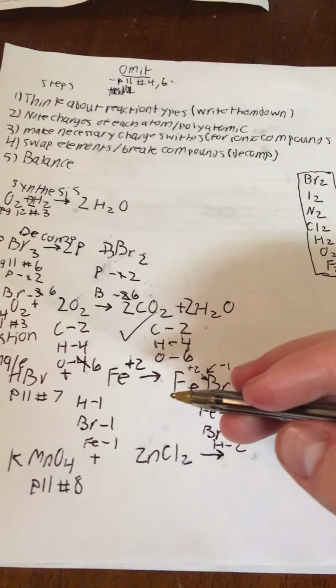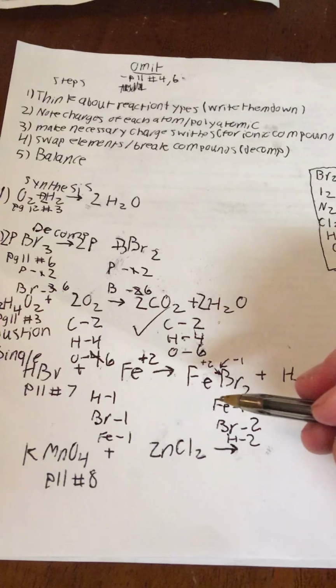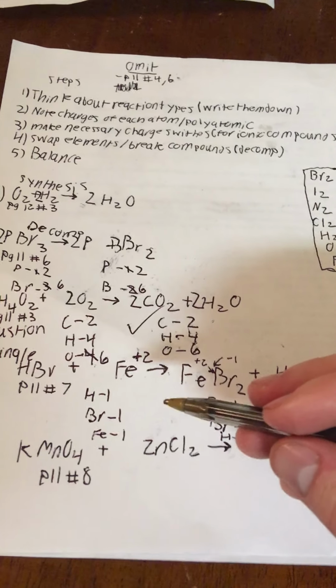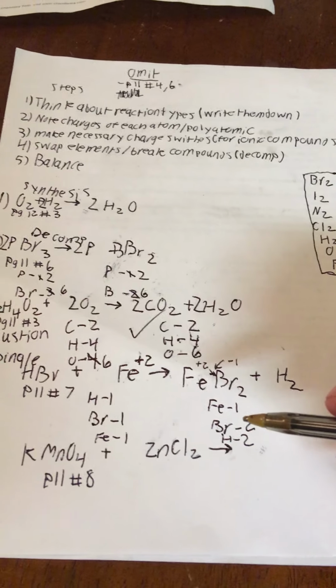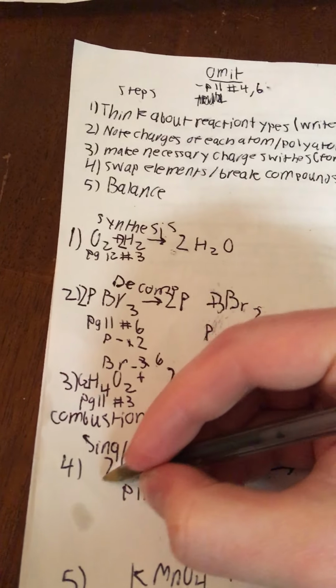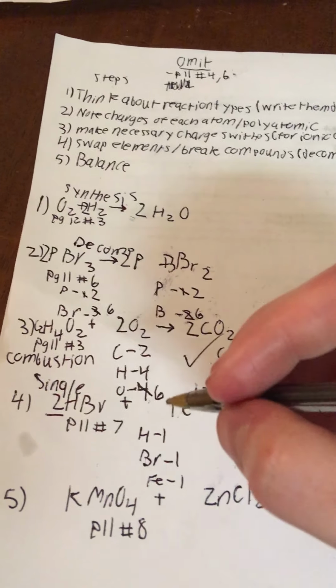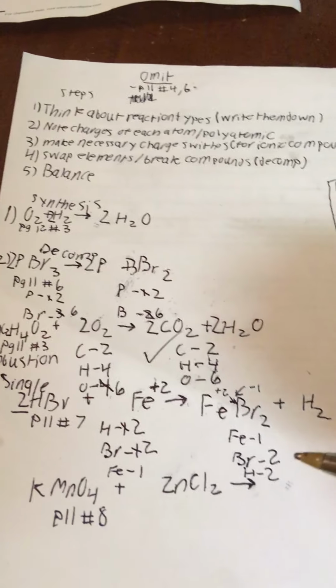So diagonally this way, I'm going to say, okay, my irons are balanced, my metals are all balanced. What about my nonmetals? 1 and 2. So no, these are not balanced. So I need to put a 2 over here, don't I? So I'm going to come up here and I'm going to put my 2 in this blank. And so now I have 2 H's and 2 Br's over here. But now look.